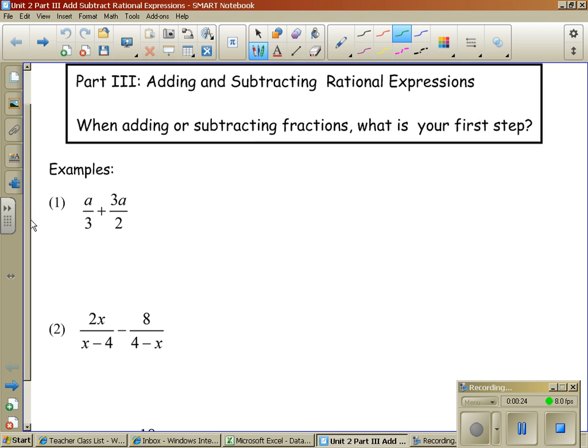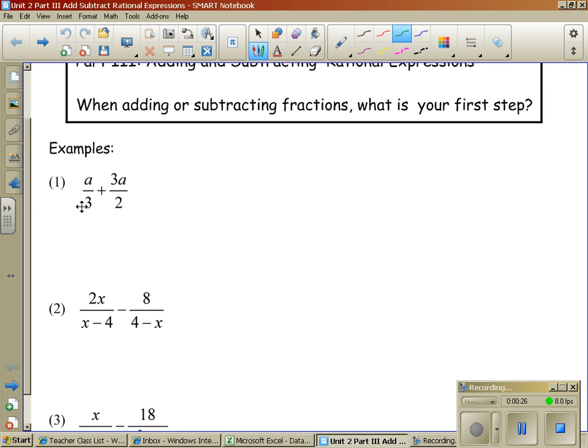So looking at the first example, what's the common denominator between 3 and 2? And the answer is 6. So 3 times what gives me 6?